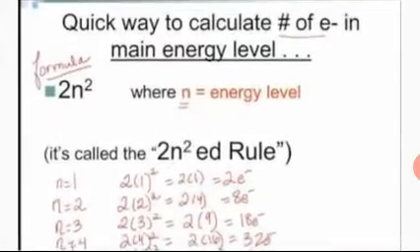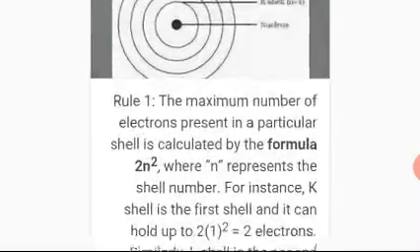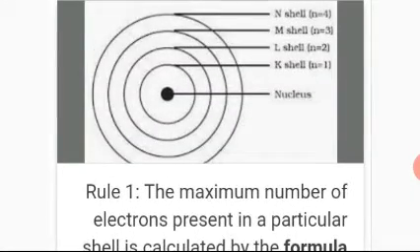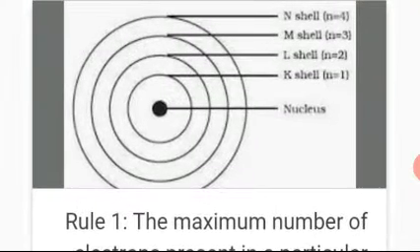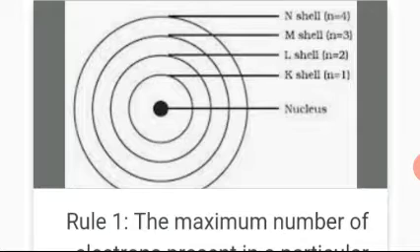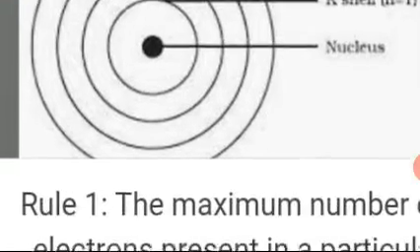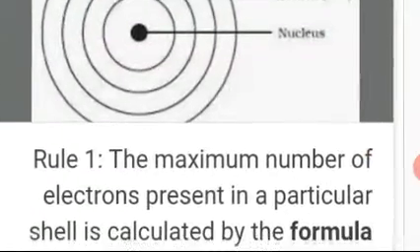This is a more detailed explanation of 2n squared. The center is the nucleus. The first circle after the nucleus is K shell, n is 1, L shell n is 2, M shell n equals 3, and N shell n equals 4. How can we calculate?